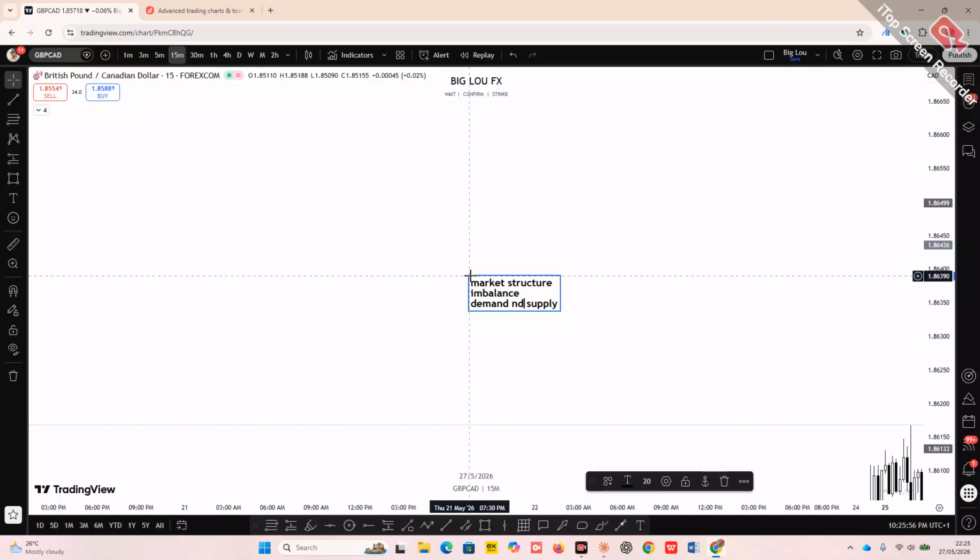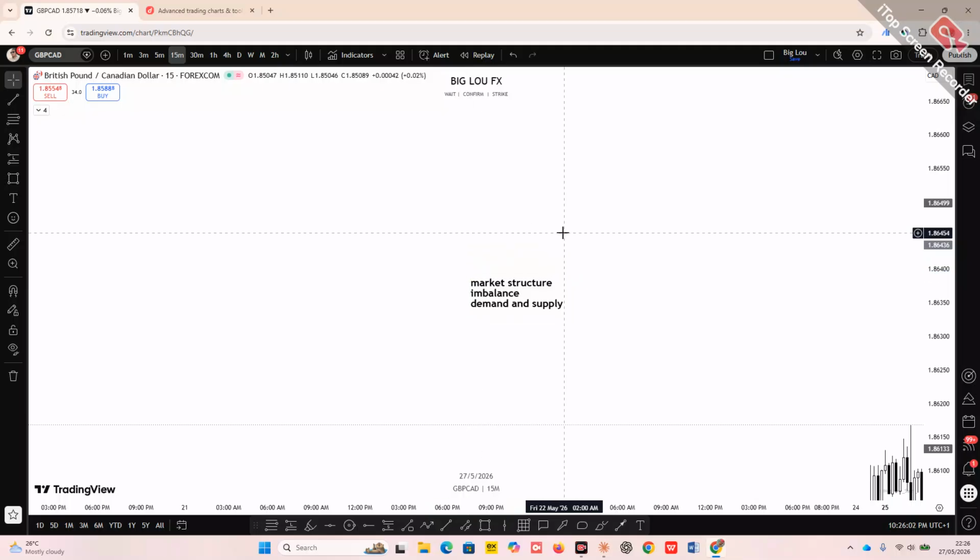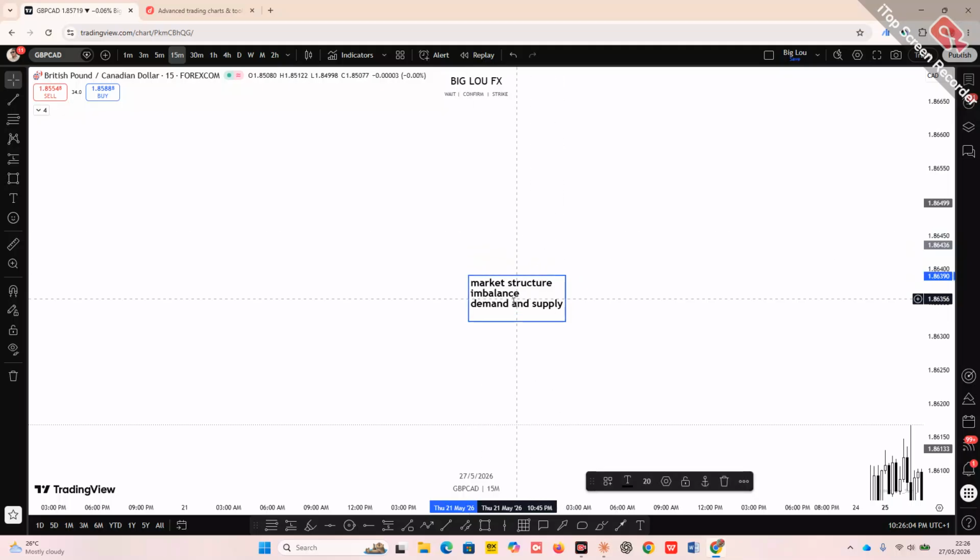These are concepts that when you bring together, help you to frame a trade. How to get in on a trade and how to get out of a trade. So market structure, imbalance, demand and supply.